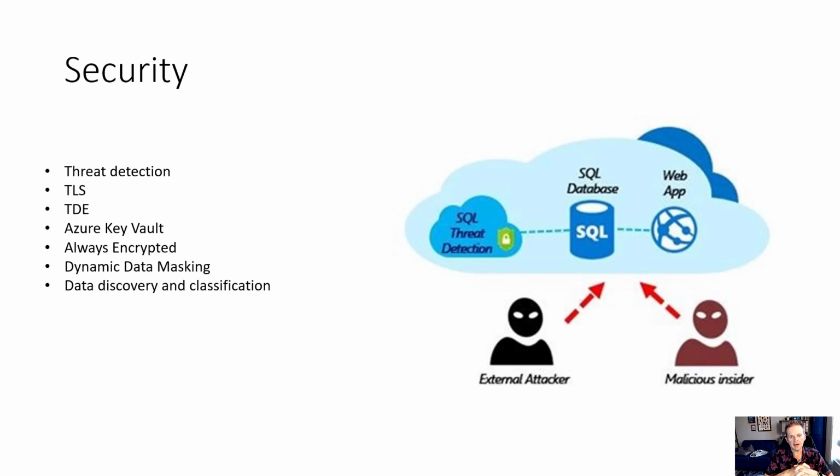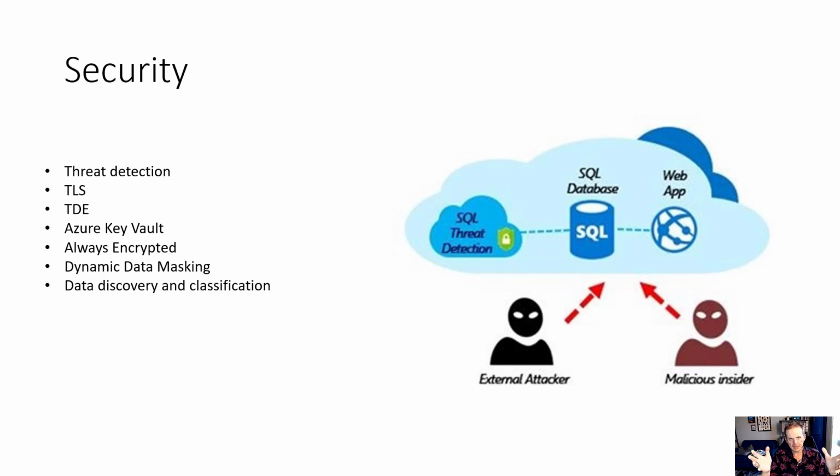In addition, we have some security features that are not implemented on premise. Or maybe they are implemented, but you either have to implement it by hand or do extra things for it. But these things, you don't have to do anything extra. It's just a checkbox and it's good to go, or it's enabled by default. For instance, threat detection. Threat detection is Azure SQL Database's ability to detect when SQL injection events are happening.